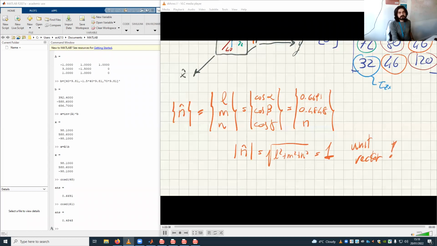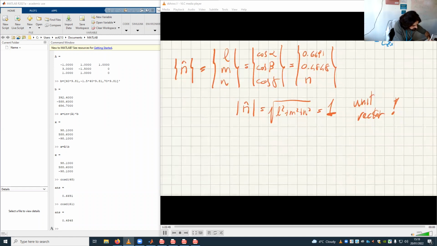And so that means that we can find N. Not N hat, N hat is the normal itself. N is the third element of N hat. N squared is 1 minus L squared minus M squared. So N is just the square root of this. Agreed?